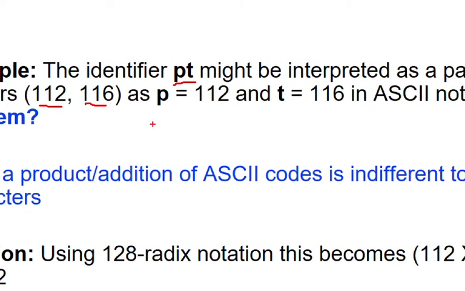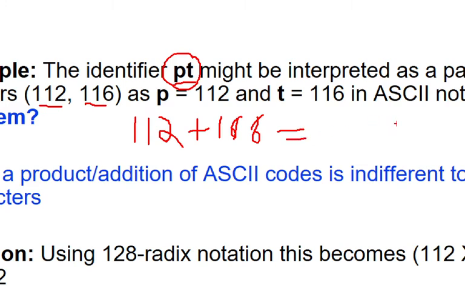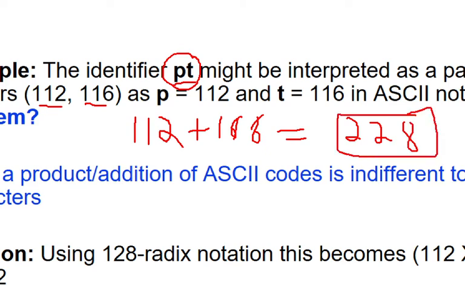So then we can convert this PT into numeric form by summing its ASCII values, and we will get a new value, 228.